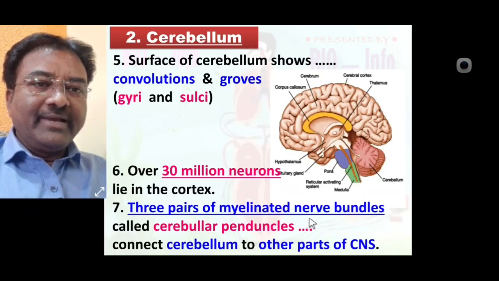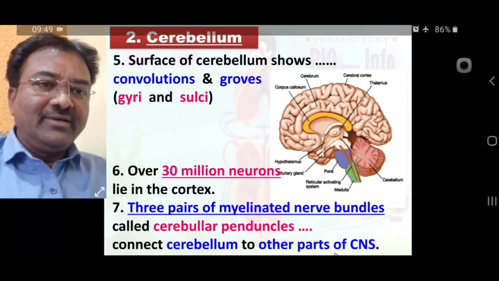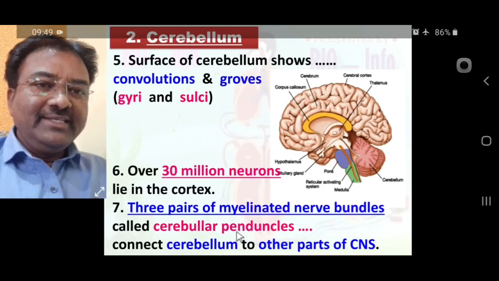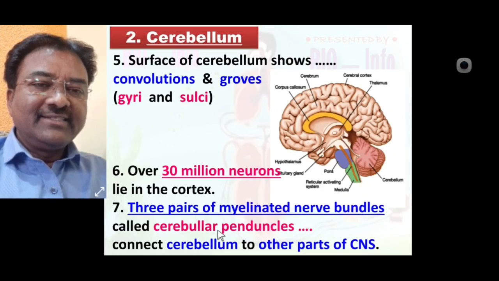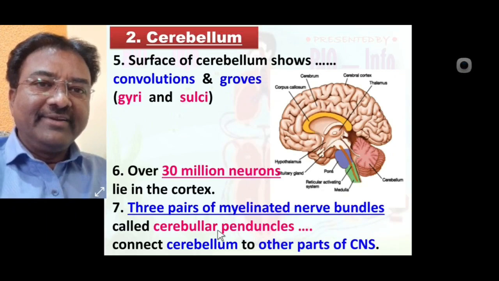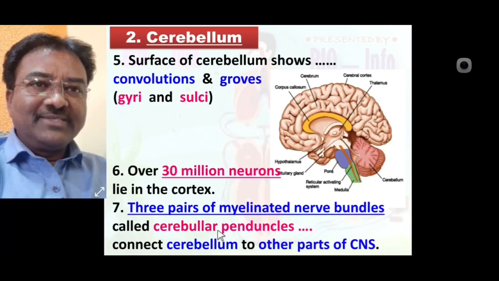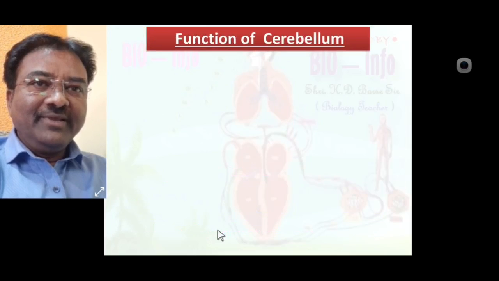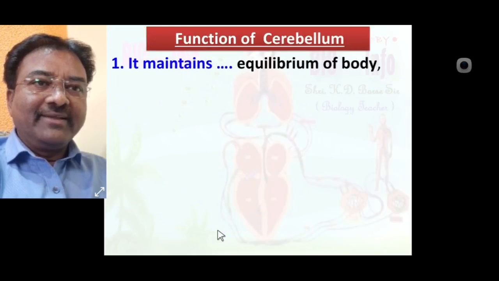Three pairs form cerebellar peduncle, and such cerebellar peduncles connect cerebellum to the other parts of the CNS. Up to this we discussed in detail a total of 7 different characteristics of cerebellum. We learn function of cerebellum.